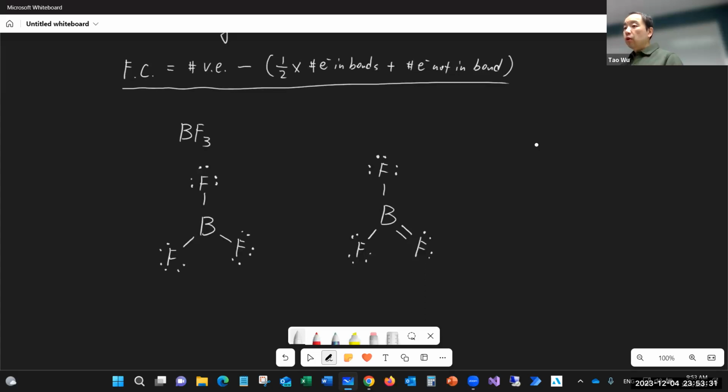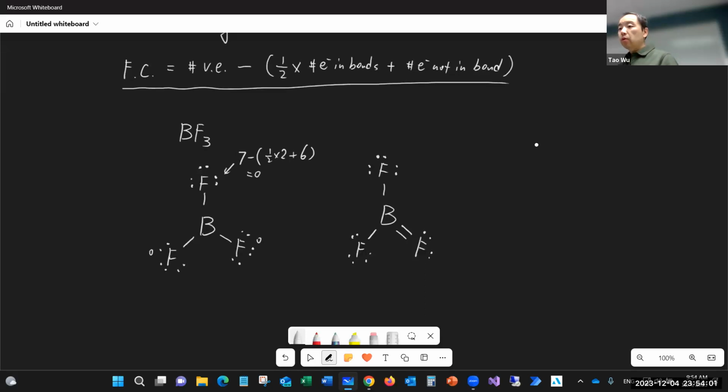If you're looking at the fluorine over here, you can calculate. Fluorine has 7 valence electrons, subtract 1/2 times the number of electrons in bonds, which is 2 electrons in the single bond, plus how many dots over here? 6. So this is 7 minus 1 plus 6. This is 0. The other fluorines are exactly the same, so all 0.